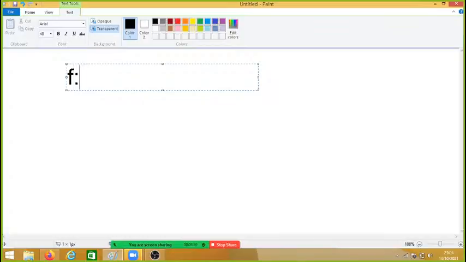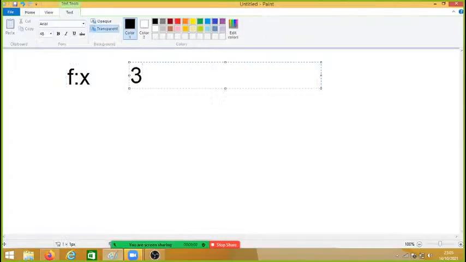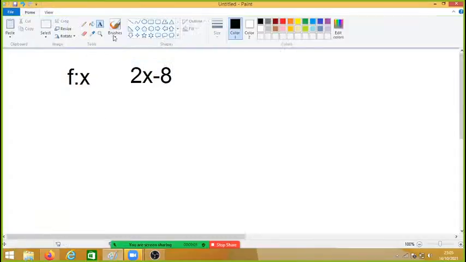Another way of writing the function of x, it means exactly the same thing, is to do f, two dots, and then x, and then an arrow, and then the function or the equation, so 2x minus 8. What you'll see between the x and the function is an arrow.